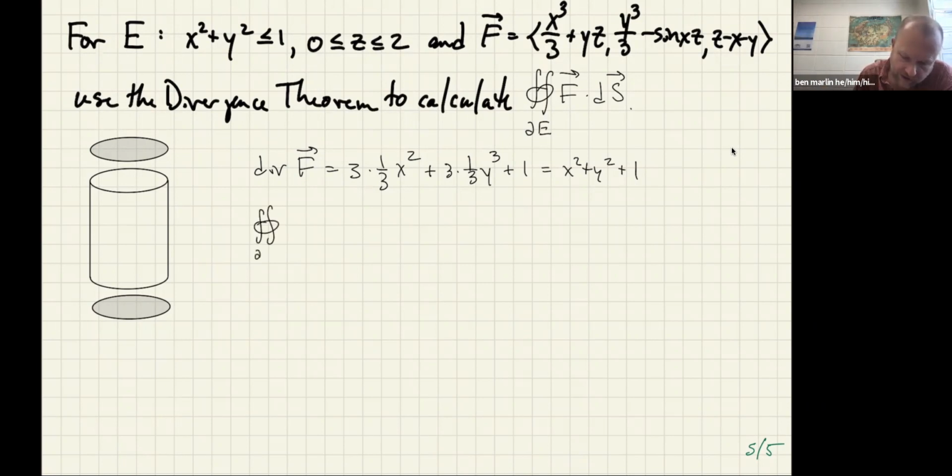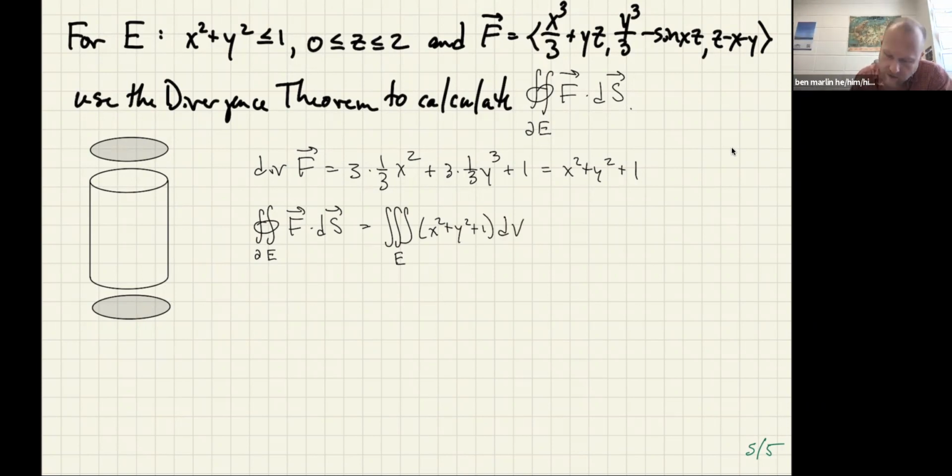The integral across the boundary of F dot dS vector is equal to the triple integral across the volume of x squared plus y squared plus 1 dV.